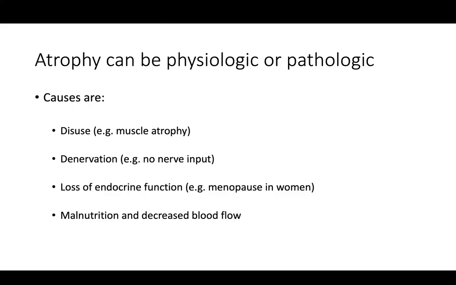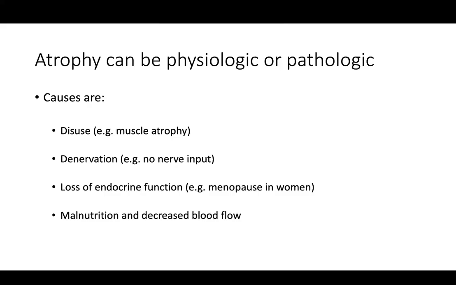And that's related to a decrease in the amount of hormones that are released. And it's no longer able to maintain the proper amount of glandular cells within the endometrial lining. That would be physiologic. That's a normal process that happens.